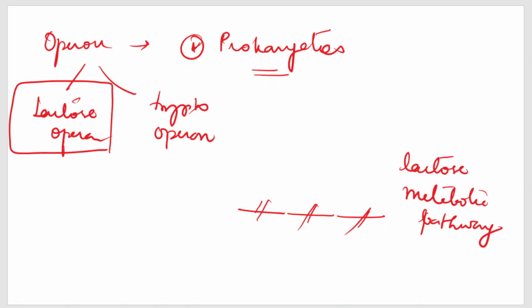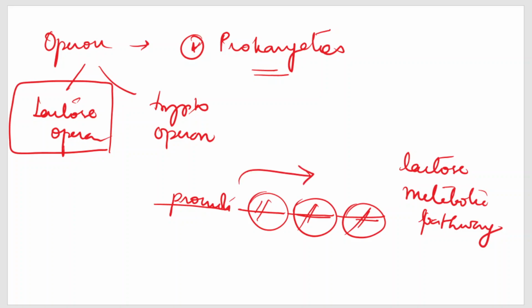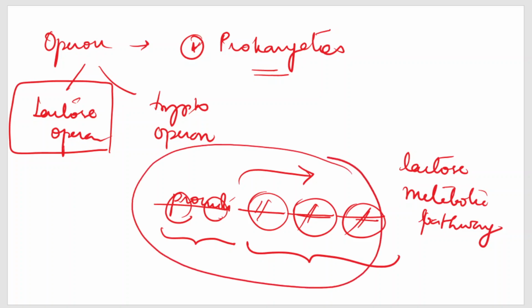These genes are arranged sequentially along with other factors which are involved in the promotion of the transcription of these genes. So various operators and promoters, along with the genes responsible for lactose metabolism, are arranged as one operon model. So this is the operon model.